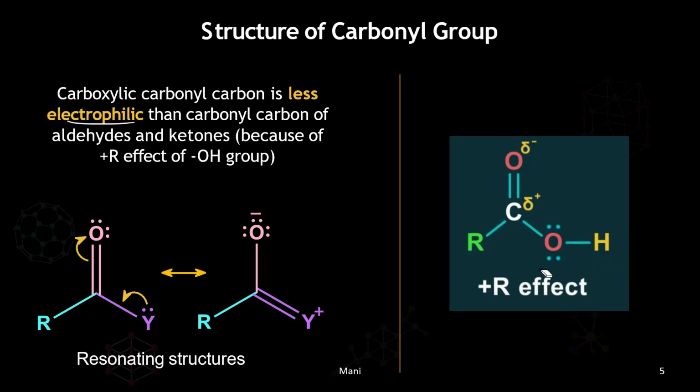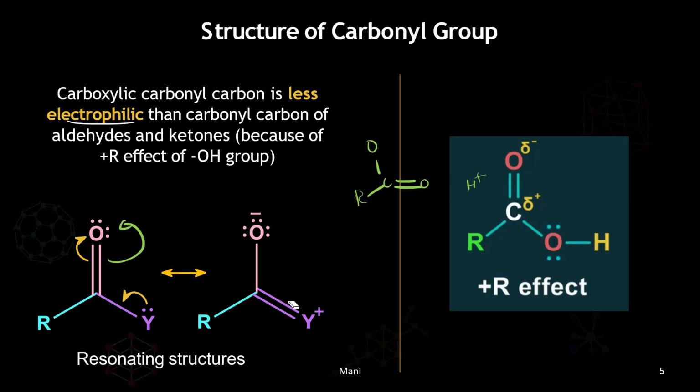Why is this caused? It is caused by positive resonance. There is a double bond with this oxygen, and these electrons move here, so the oxygen becomes negative. Now the carbon has only three bonds, so it will try to make a double bond. The hydrogen leaves as H plus, and the minus that is created moves here and makes the double bond.